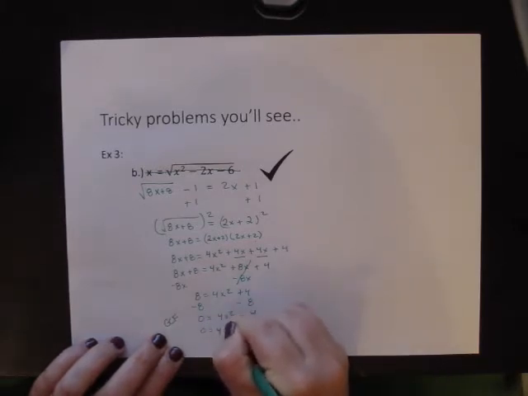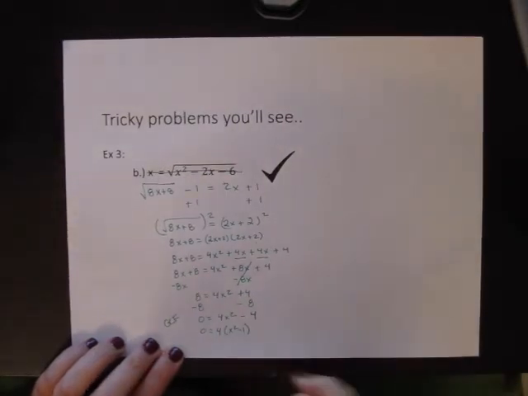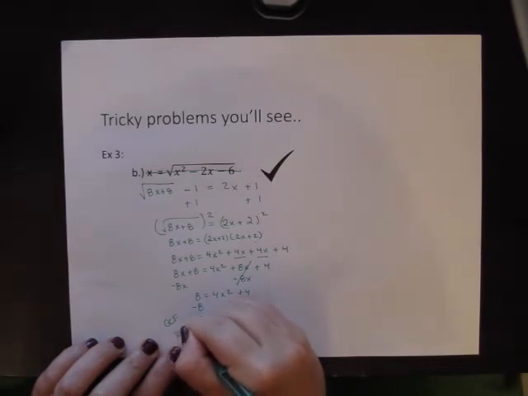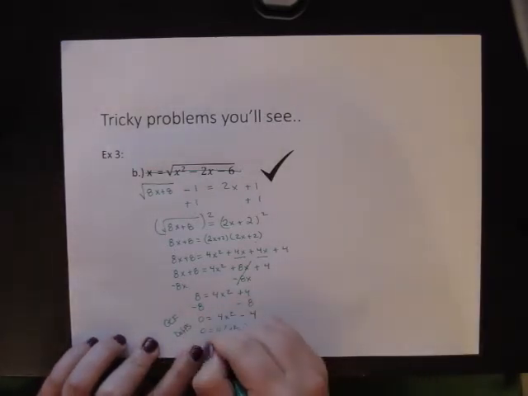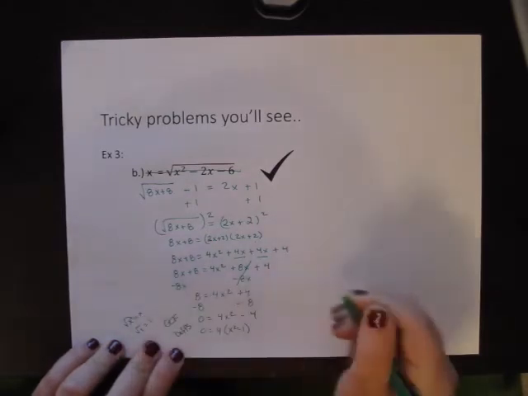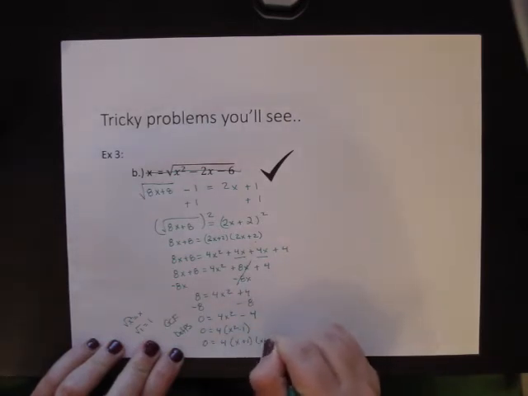So 4 times x squared minus 1 would be what I was left over with. And then from there, the x squared minus 1 is a difference of perfect squares. So I would take the square root of x squared, which would be x, the square root of 1, which would be 1. So I got 0 equals 4 times x plus 1, x minus 1.